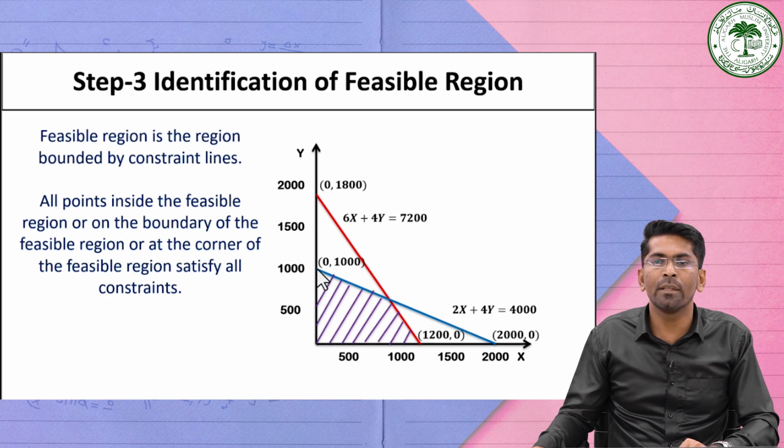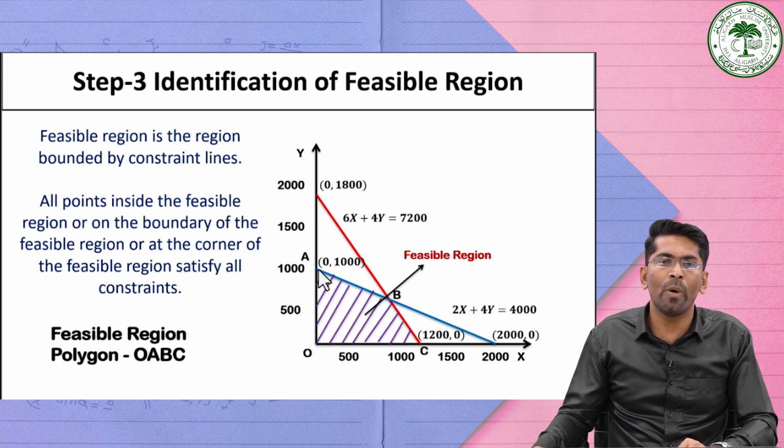So I am denoting here the values of x and y within this particular area, or on the particular line, generally considered as the feasible region. So this feasible region says that the values of x and y satisfy all the constraints. Hence our region will be this shaded region, considered as the feasible region.